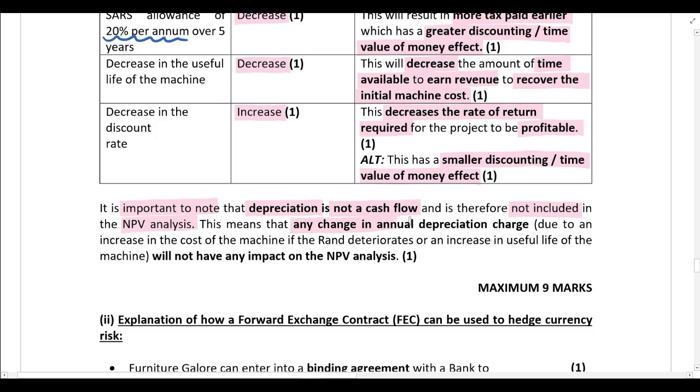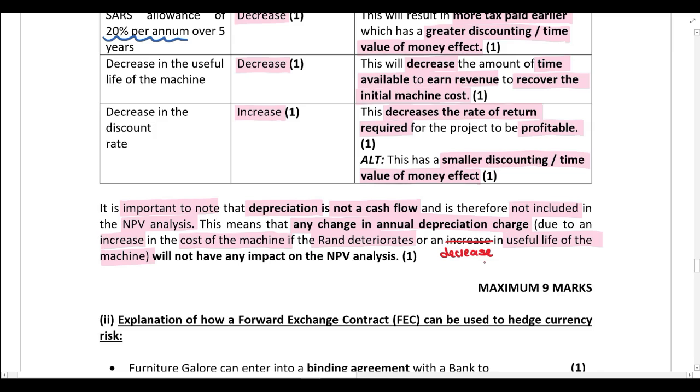So any change in the annual depreciation charge, so if the cost of the machine increases because the rand deteriorates, so that will obviously affect the depreciation expense, or if the useful life of the machine changes, sorry guys, that should say decrease, I'm going to correct it in the solution. You'll see it's corrected in yours.